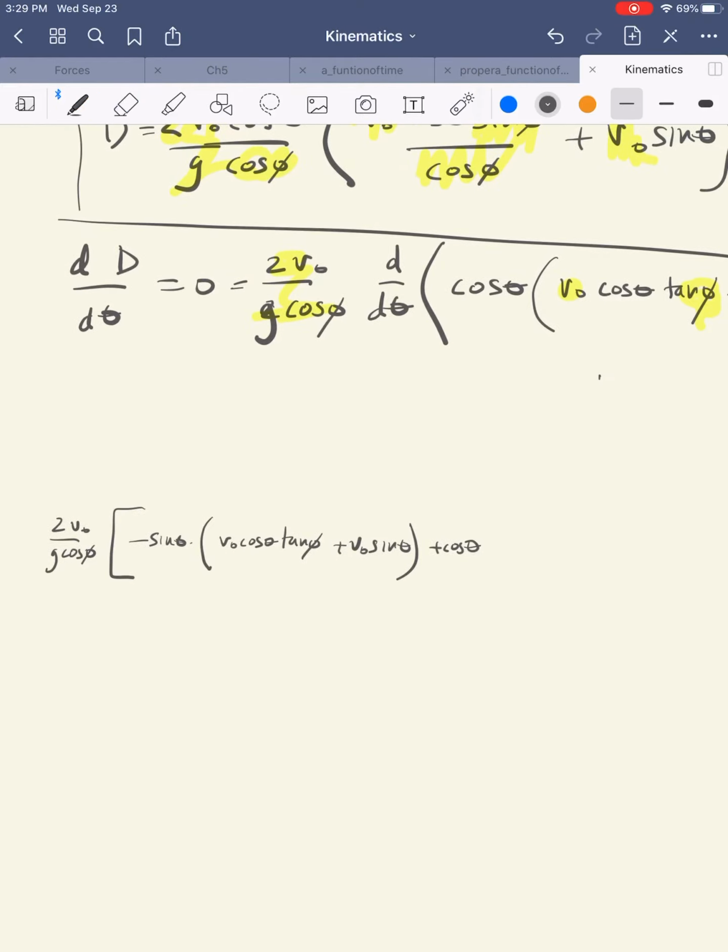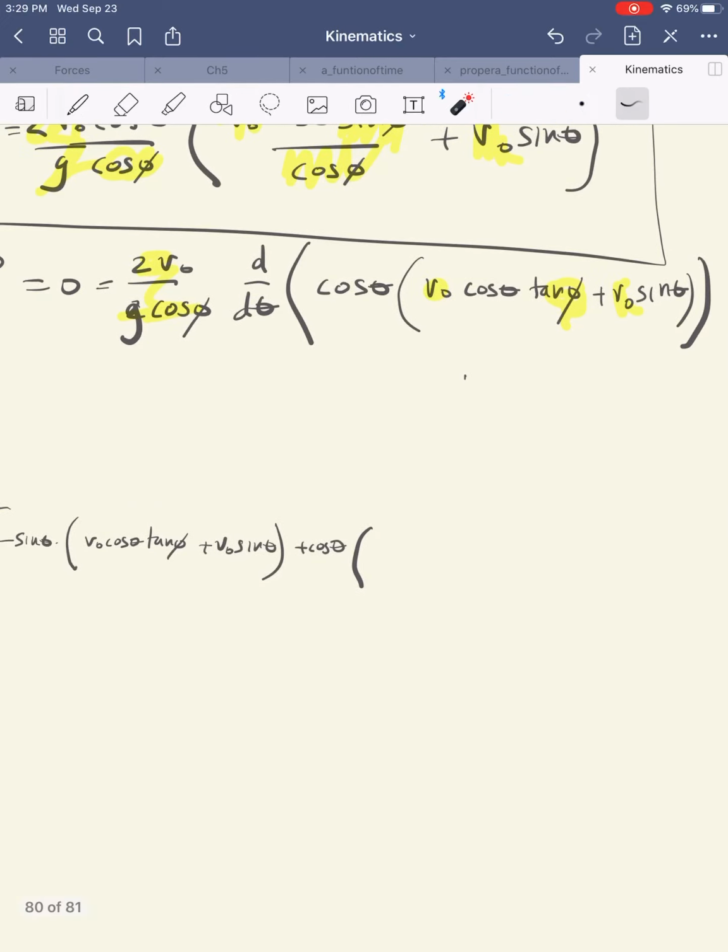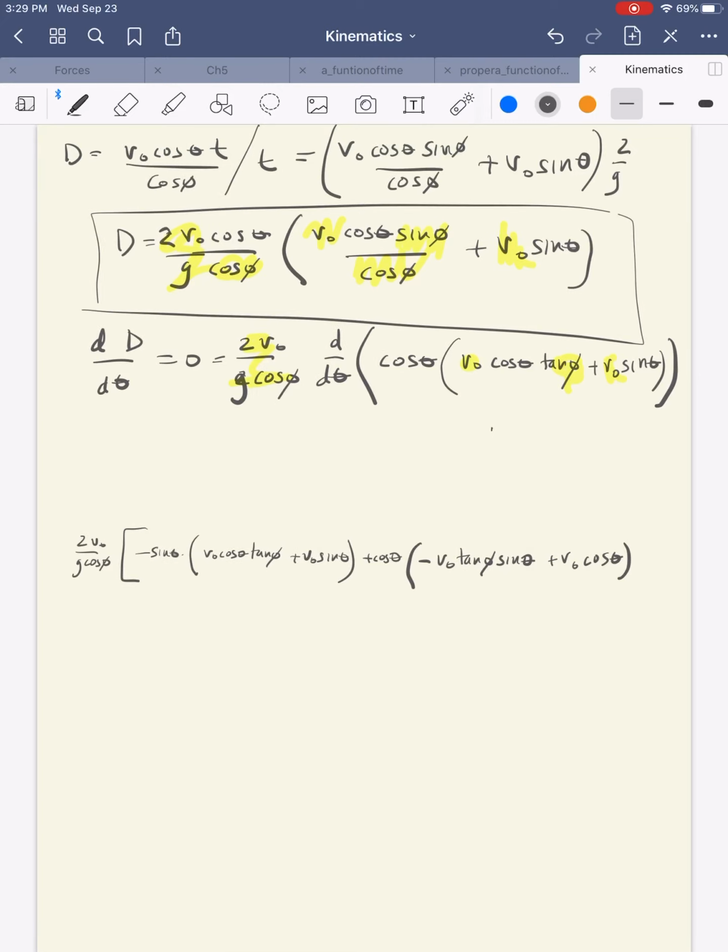All right, so taking a derivative of this now, the cosine theta in the first term becomes minus sine theta. The derivative of sine is just cosine. And that's it. I'm setting that equal to 0.